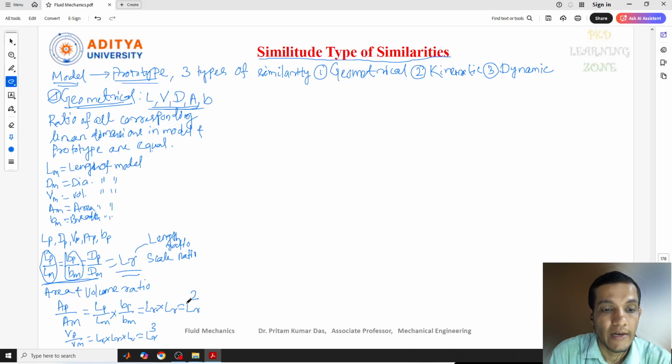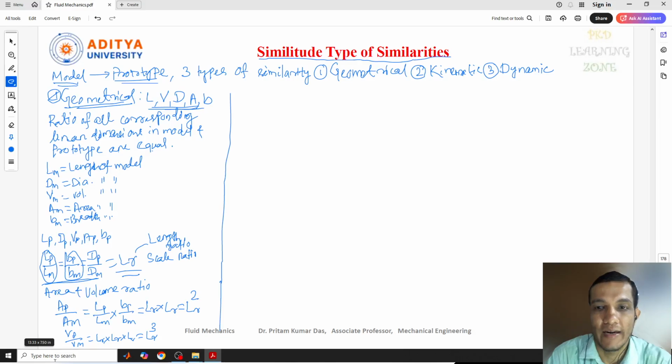In the volume we can consider length, width, breadth, so that we can get LR cube. Similarly, you can get length to the power cube, breadth to the power cube, or diameter to the power cube also. So this is about volume. These all conditions or properties we have discussed, the similarity between the model and the prototype, is about, as I told you, geometrical similarities.